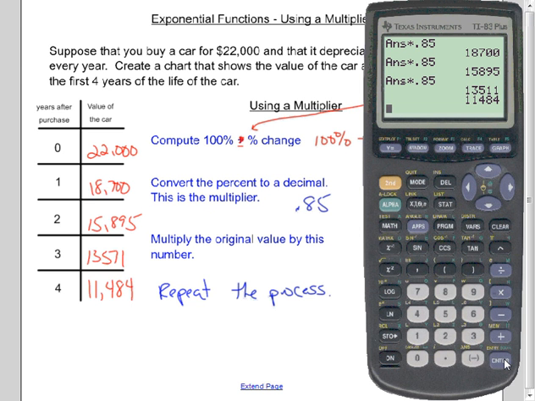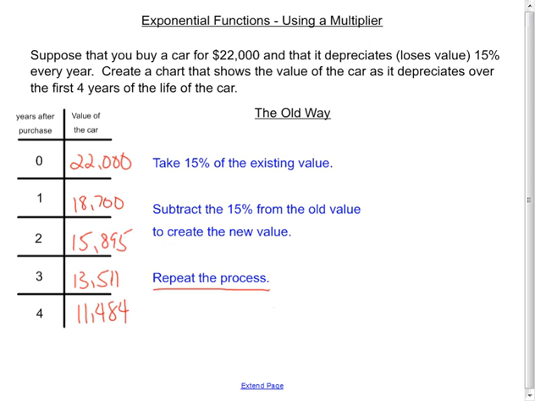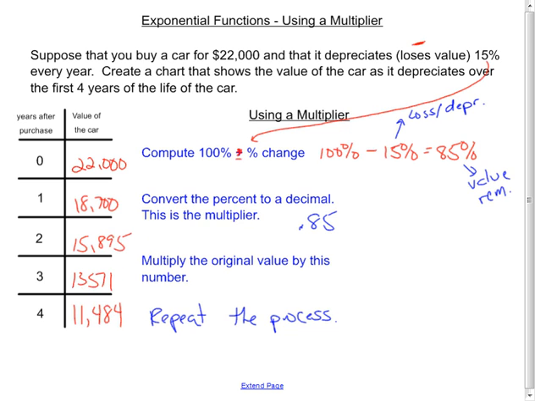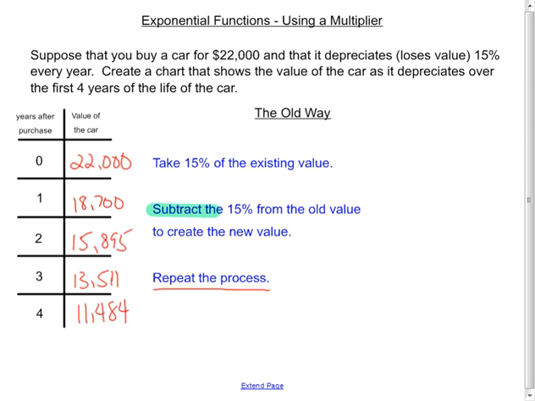Now, the thing to notice here is that these are the exact same numbers that I got when I did the subtraction method. So here, instead of subtracting, I'm actually using multiplication, which is pretty cool if you think about it.